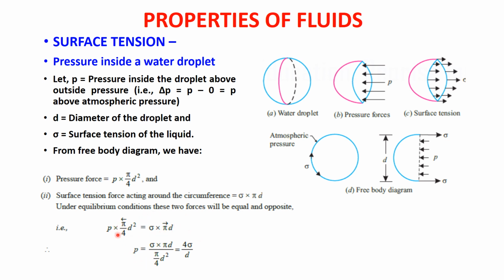So P into pi by 4 d square equals sigma pi d. Here d and d cancel, pi and pi cancel, and 4 goes to the numerator. So we get the pressure inside a water droplet equal to 4 sigma divided by d. So this is the value of pressure inside a water droplet.